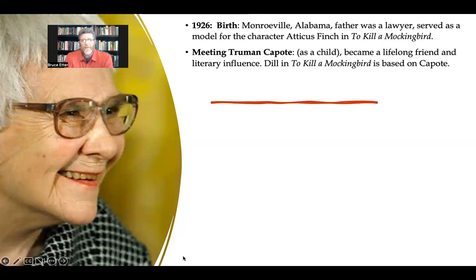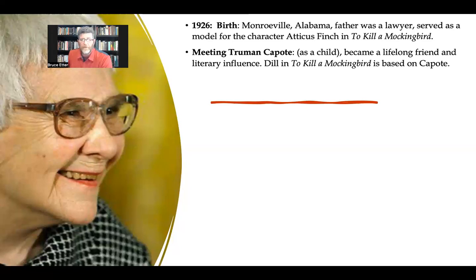More on that later. Now, I don't know exactly when it took place, but when she was a child, Harper Lee met a man who would become quite famous himself, Truman Capote. You may have heard of him, and you may have even read some of his works because he ended up becoming a very famous writer. Movies were made based on his books, you know, In Cold Blood, Breakfast at Tiffany's.